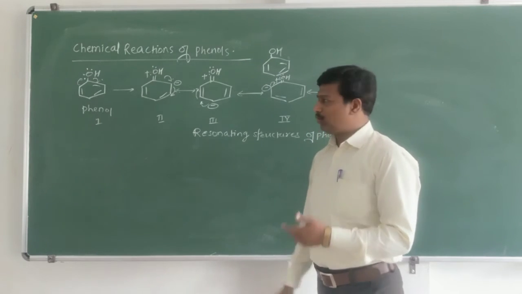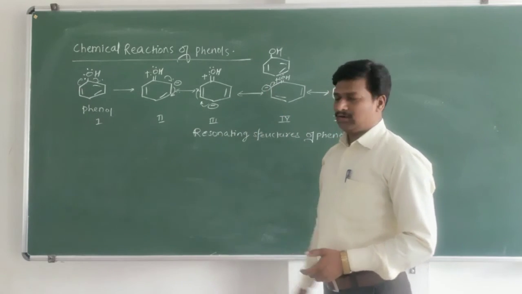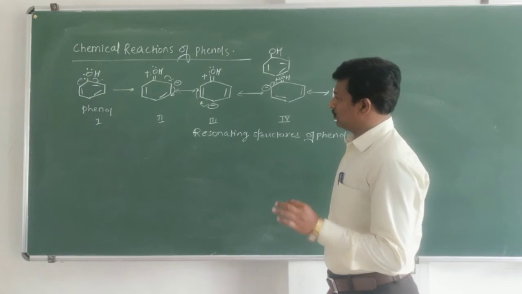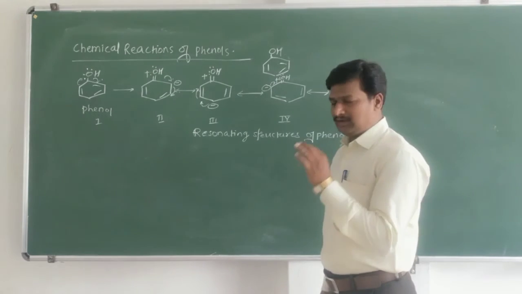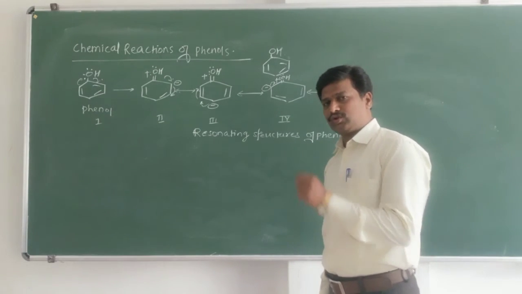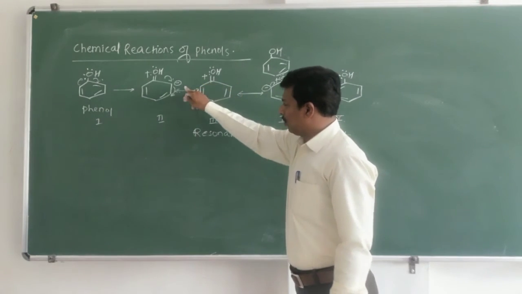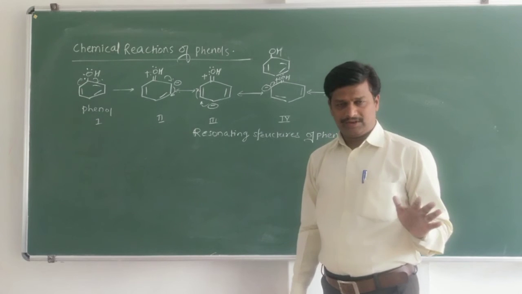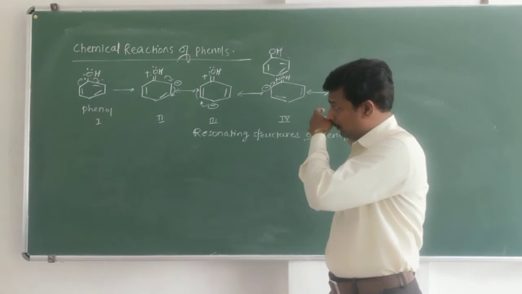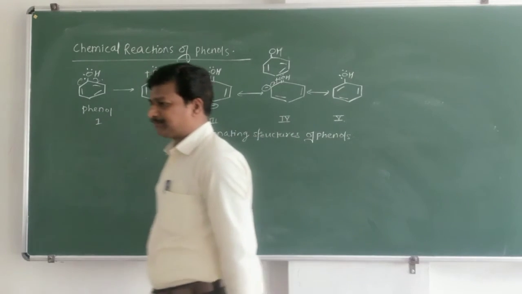Due to this resonance, in the chemical reactions of phenols the substitution may take place at which position? At the ortho or the para positions. So these are the resonating structures of phenols.